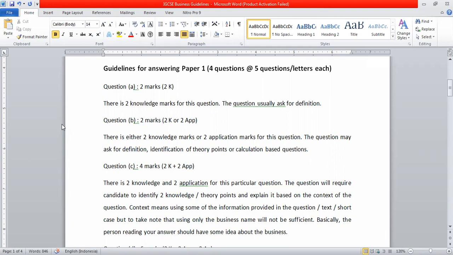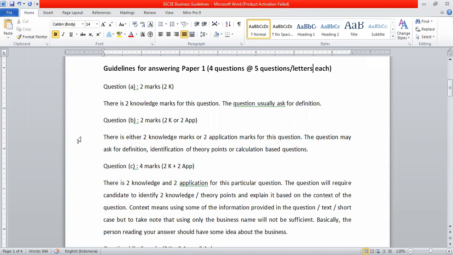Question B, it's also 2 marks. It can ask for 2K or 2 APP. So there are either 2 knowledge marks or 2 application marks for this question. Question A is a fixed definition. Question B might be asking for another definition.